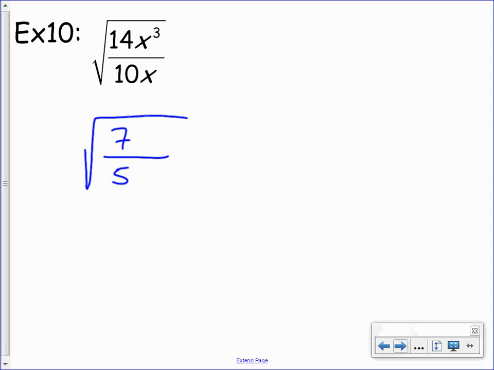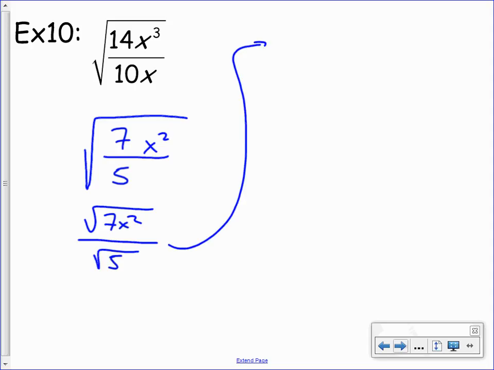X cubed divided by x is x squared. That's it. Now split it up: 7x squared over root 5. The x squared has a pair, so that can come out. So it's x root 7 over root 5.